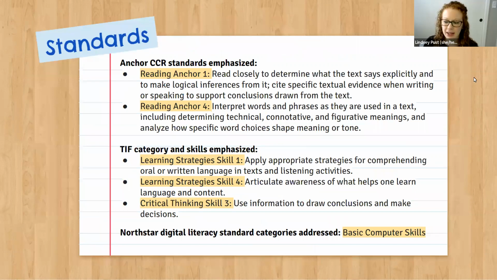I'm not going to read this slide, but I'll give you a moment to glance over it. These are some standards we pulled out that we are hitting today on some level. So I'll give you a moment to scan that.